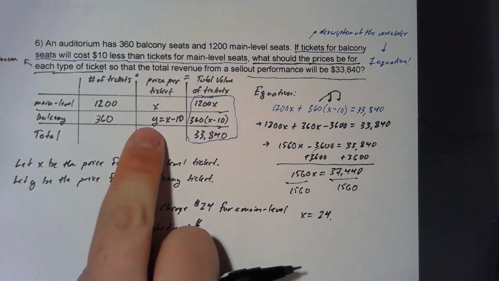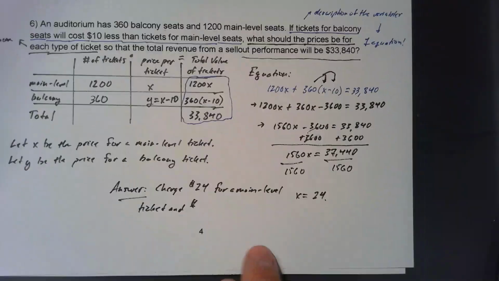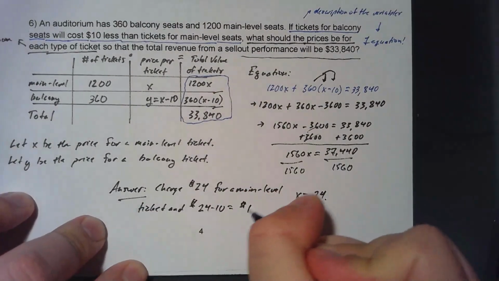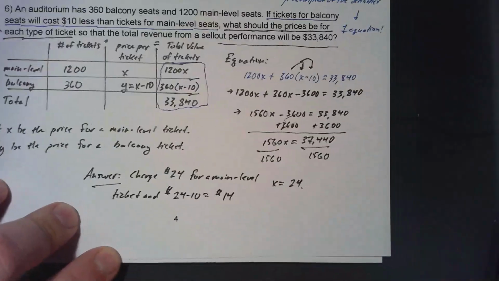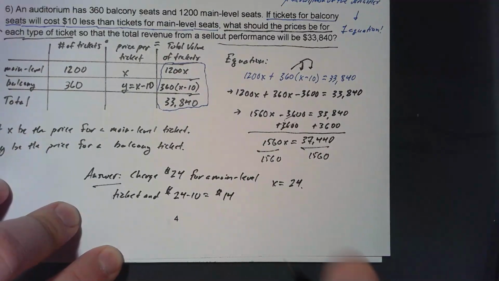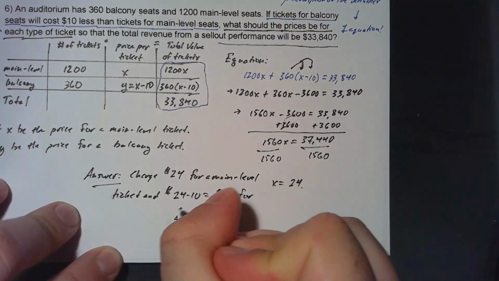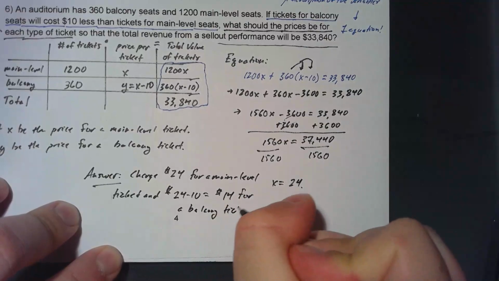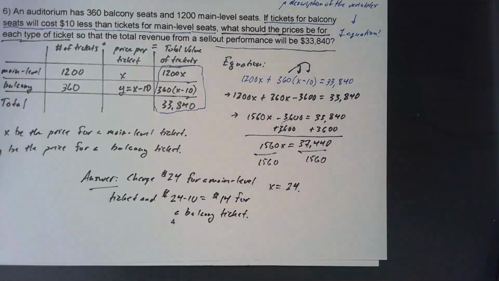So how do you get Y? Well, Y is just X minus 10. So that's going to be 24 minus 10, $14 for a balcony ticket. And that's it. So $14 for a balcony ticket and $24 for a main level ticket.